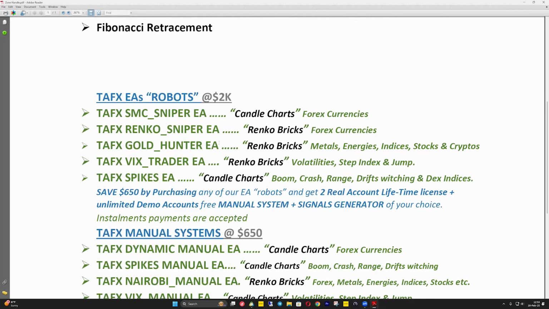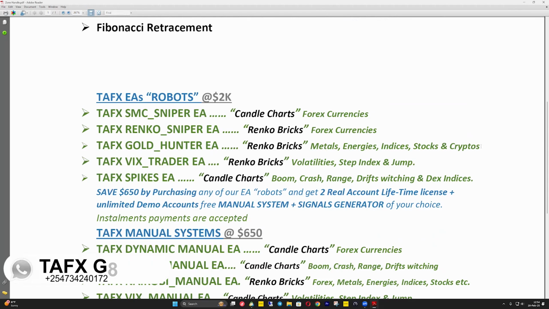The last time we shared, it was only based on candle charts, but now it is the combination of candle charts and RENKO, because there is no need to trade only candle charts. If the system can analyze candle and RENKO, it is good to work with it. So this one works with candle charts and RENKO bricks, and it can trade gold, US30, NASDAQ.